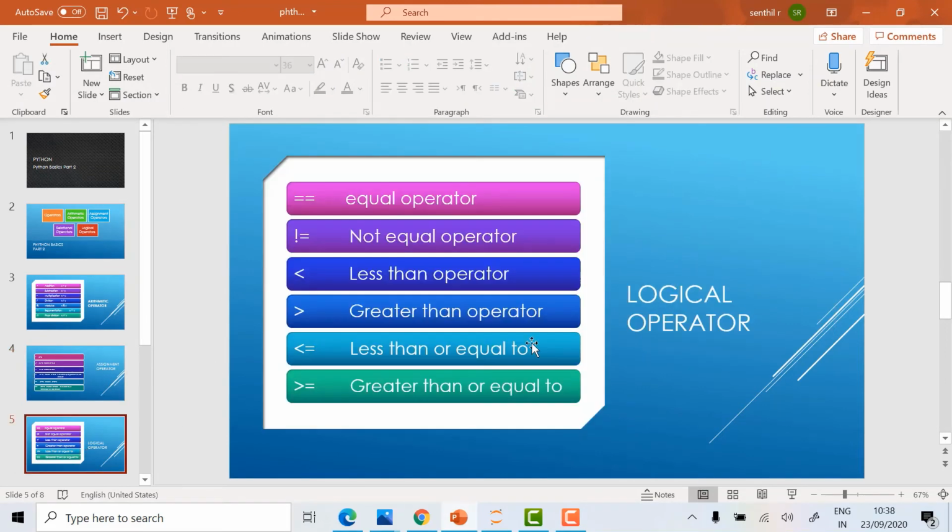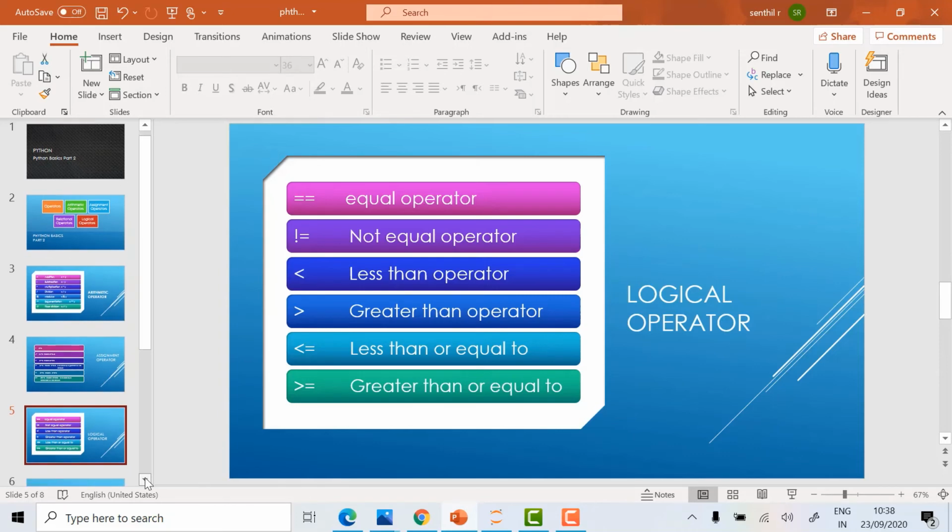And next are the relational operators. Equal to means you have to put double equal to, and not equal to means an exclamation symbol with equal to, less than, greater than, less than or equal to, and greater than or equal to. This will be used directly.